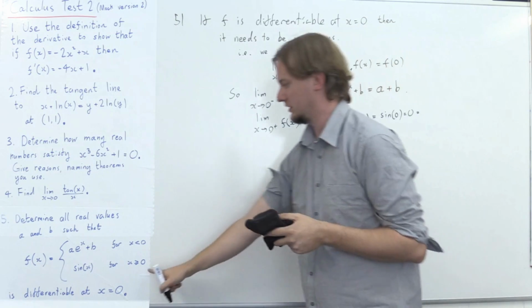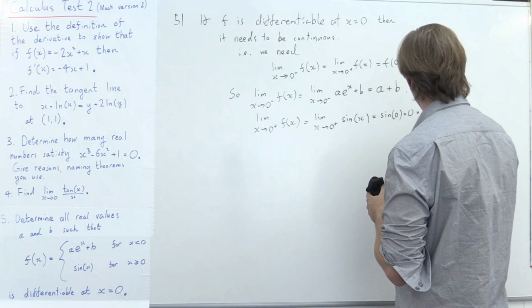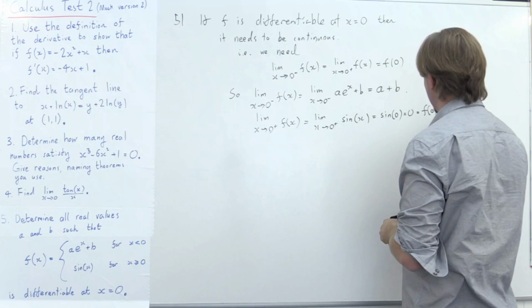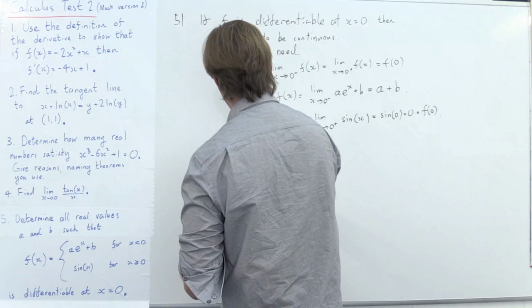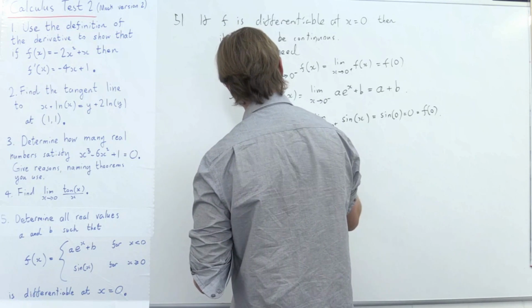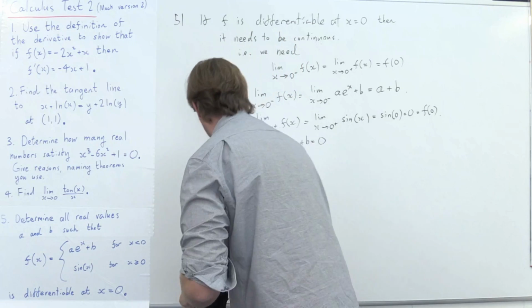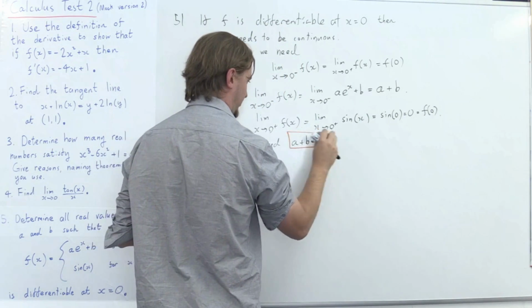If you plug that 0 in, you just get the sine of 0. So the condition is we must have a plus b equal to 0. I might just put a box around this. This is the first thing we need to know.